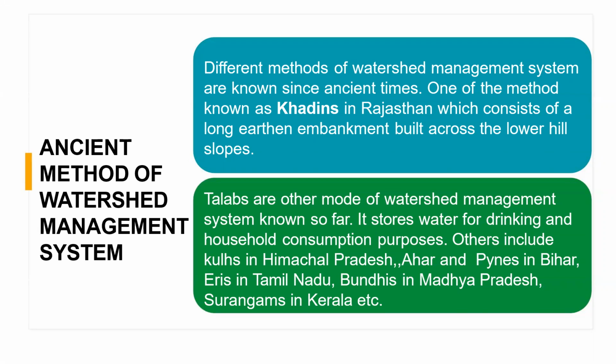It stores water for drinking and household consumption purposes. Others include kuls in Himachal Pradesh, Ahars and Pynes in Bihar, Eris in Tamil Nadu, Bundis in Madhya Pradesh, whereas Surangams in Kerala. So you can just Google it and see the pictures, how it is helpful, which come under the watershed management system.